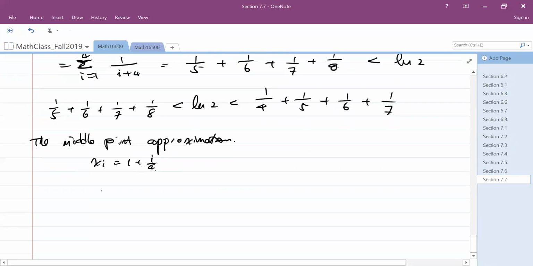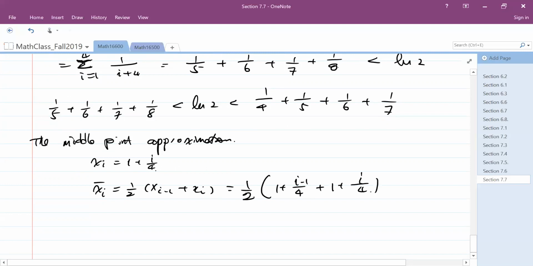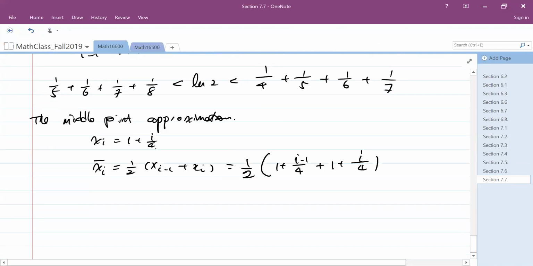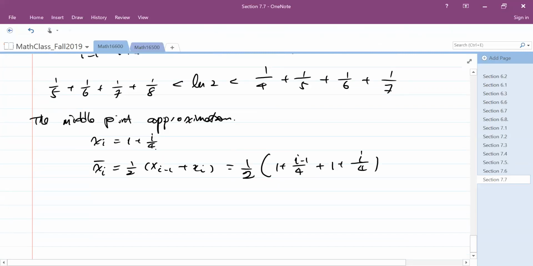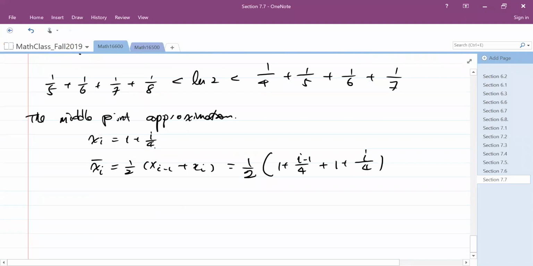So the midpoint is going to be half of x_{i-1} plus x_i. Let's figure out the formula: 1 plus (i minus 1) over 4, plus 1 plus i over 4. It's a little bit complicated, right?